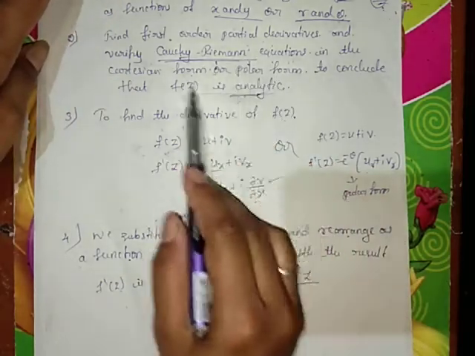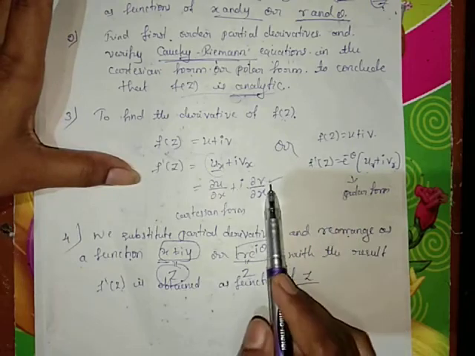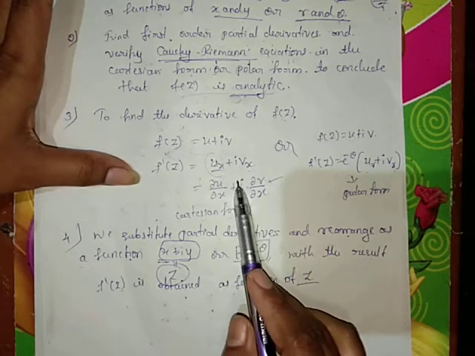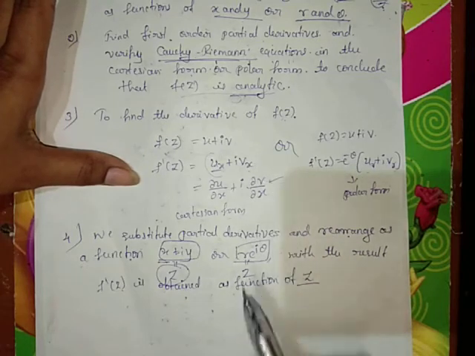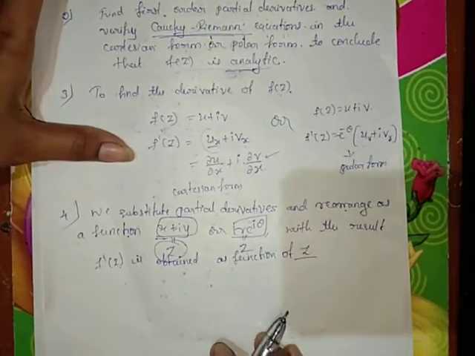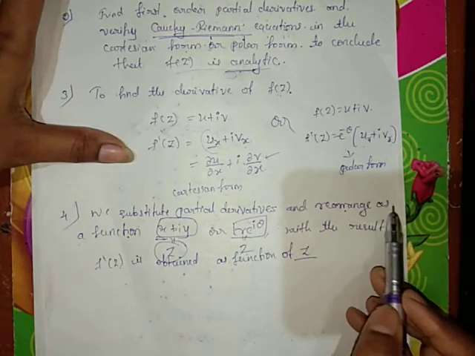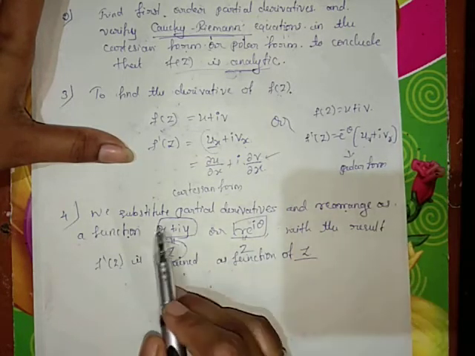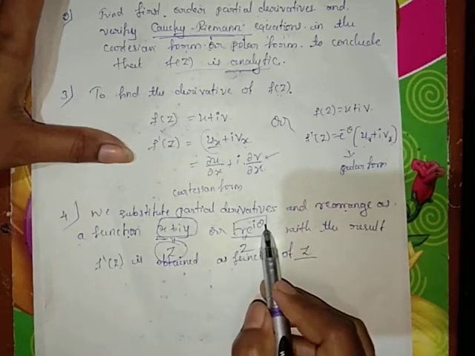Whatever results we used in the second step will be used again in f dash of z. So in f dash of z we again substitute all the ux, vx, and then in the next step, after substituting the partial derivatives, we have to rearrange the terms as a function of x plus iy or r into e raised to i theta.